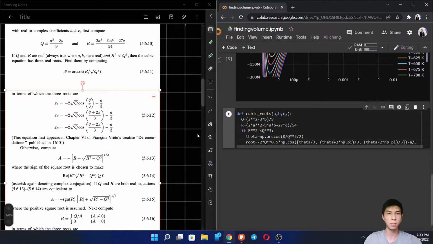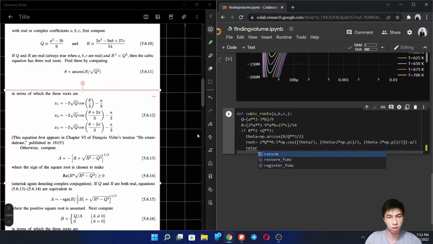So if we try to run this, we're going to have our output as an array that consists of three numbers, which would be the three roots for our equation.